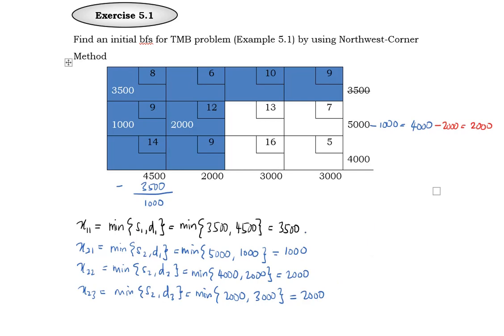We cross out row 2 and reduce D3 by 2,000. So we get 3,000 minus 2,000. D3 now is 1,000. Next, we choose x33.